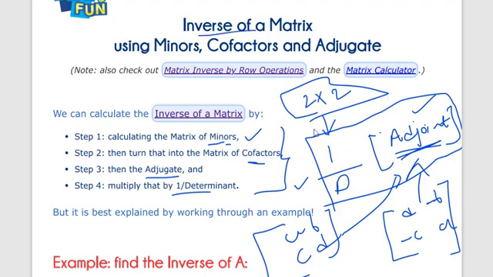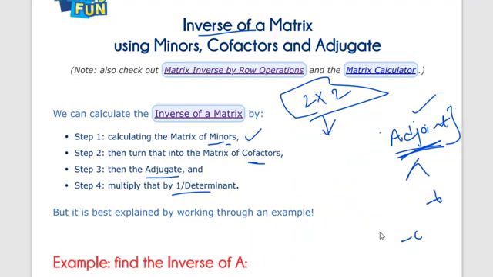For 2 by 2, 3 by 3, and 4 by 4 matrices, the same equation applies in the determinant method: 1 by d multiplied by the adjoint of the matrix. But how to find the adjoint is important. In a 2 by 2 matrix, there is an easy method using one simple step. But in a 3 by 3 matrix, there are some calculations to find the adjoint. So let's start with how to find the adjoint of a matrix.